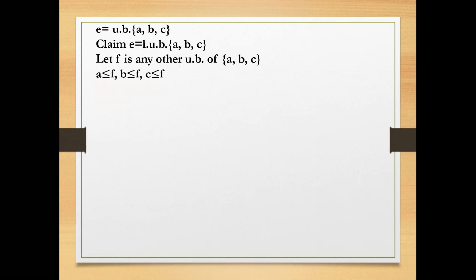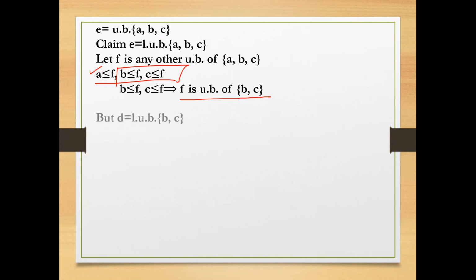Because F is the upper bound of A, B, C, we must have A less than or equal to F, B less than or equal to F, C less than or equal to F. Now take only these two, B less than or equal to F and C less than or equal to F. For the time being, ignore A less than or equal to F. We will use it later on. Now B less than or equal to F and C less than or equal to F imply F is the upper bound of B and C, because F occurs on the right hand side of both.